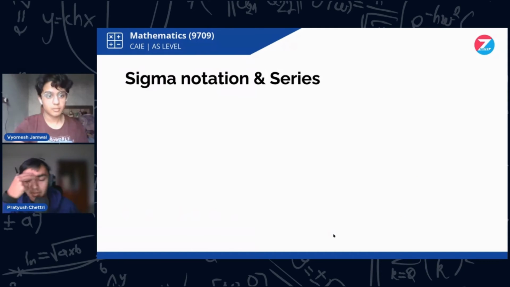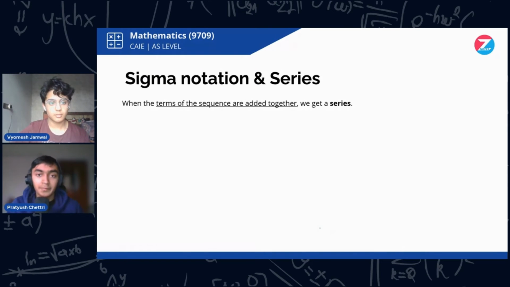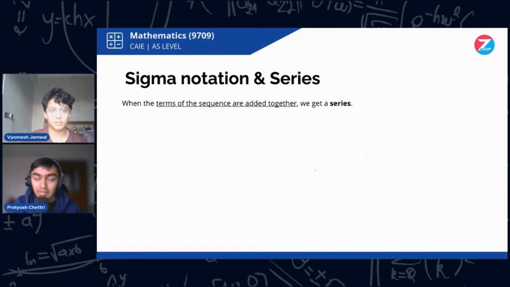So we're just going to cover a new thing here. It's called sigma notation and series. A series is just when you take a sequence and you add the terms together. That's all it is. Like you have 1, 2, 3, 4. That's my sequence, which is simply n.